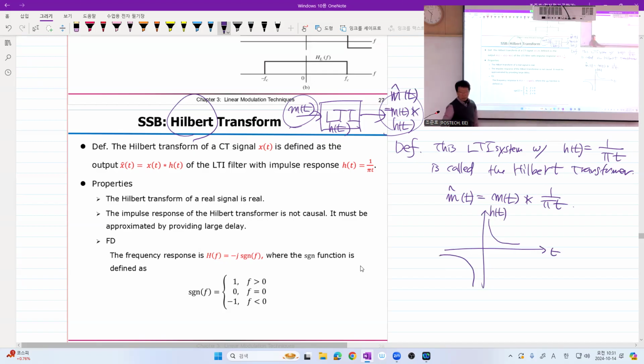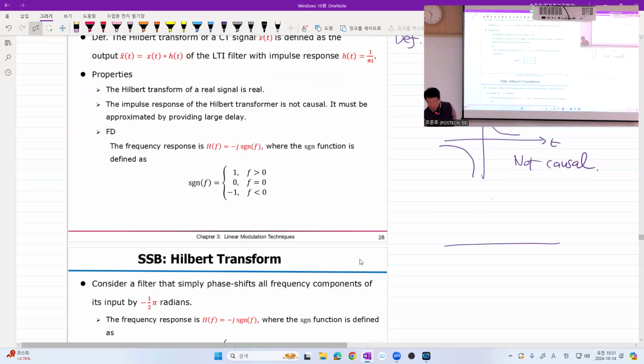And you can immediately see that this is not causal. And as you learned in signals and systems, if you want to implement a non-causal filter, what do you do? Theoretically speaking, you can't implement it. However, there is a trick. You introduce a delay. So instead of using this h of t, you delay the impulse response, which means that you have something like that, right?